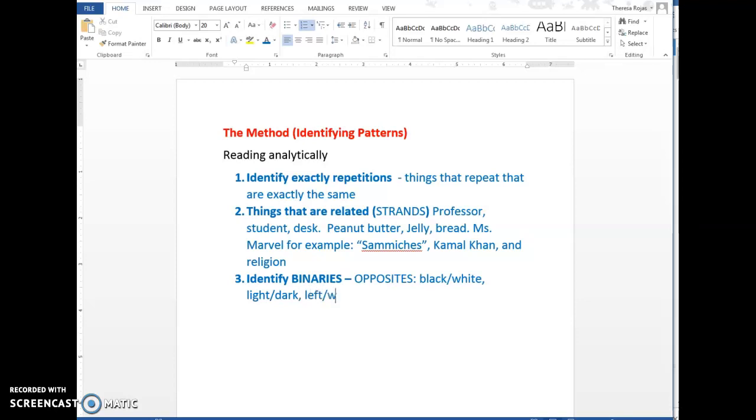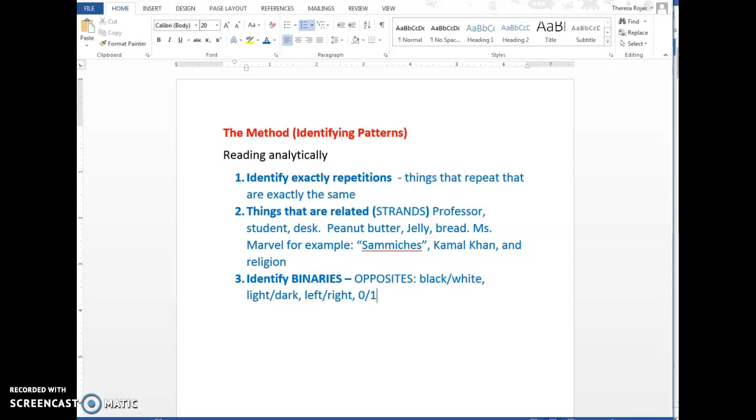Maybe left versus right. Those of you who are into computers might recognize the 0-1 binary, right? So we're not talking about binaries as in 2, we're talking about opposites and oppositions. So we want to identify that.